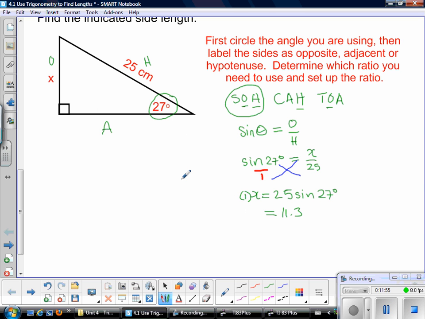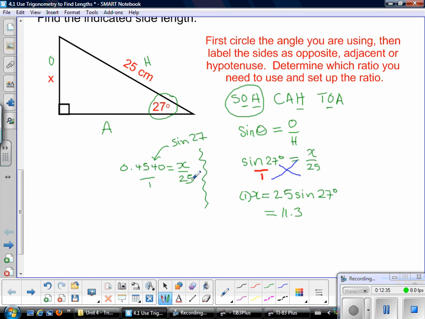So an alternative way to do this, and I'll just run it over here, is some people literally take the sine of 27 and turn it into the decimal that it is, and they go 0.4540 equals x over 25. Okay, because that is what this equals. This is the sine of 27. And then they actually do the multiplying.